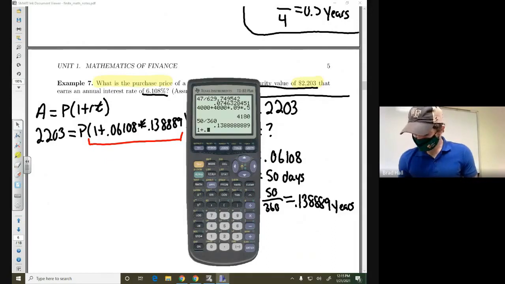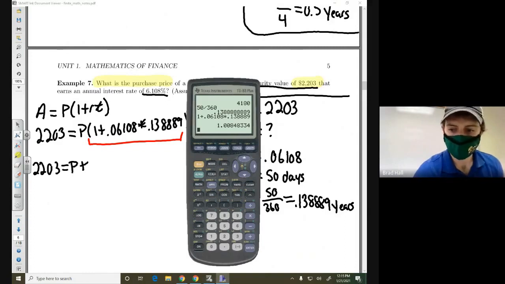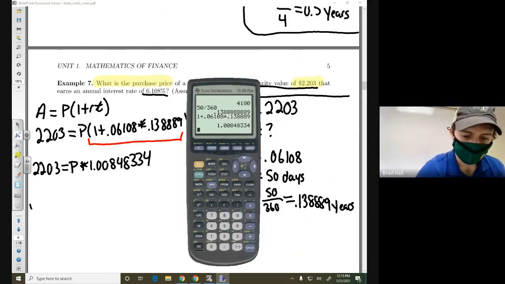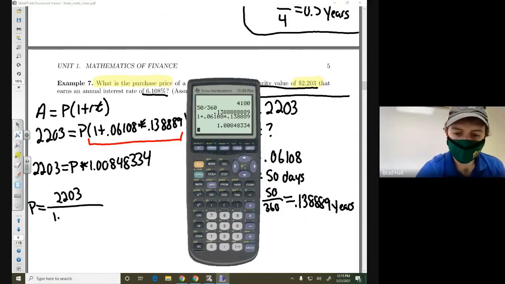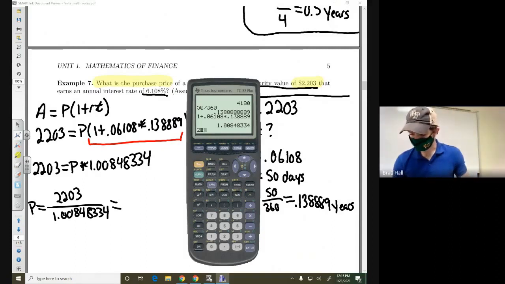One plus 0.06108 times 0.138889, I get this value. 2,203 is equal to P times 1.00848334. And then I'm just going to skip ahead to P is the division, which comes out to be 2203.